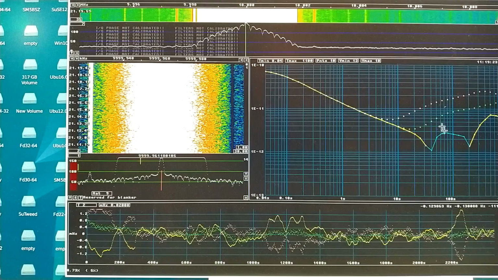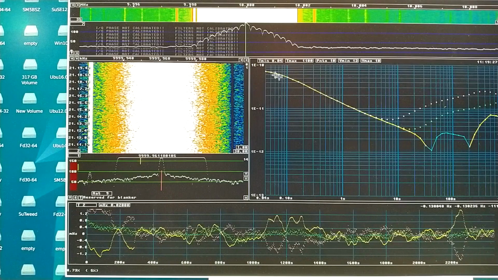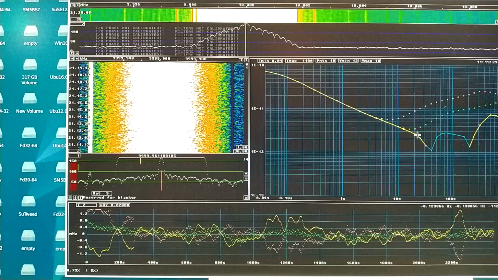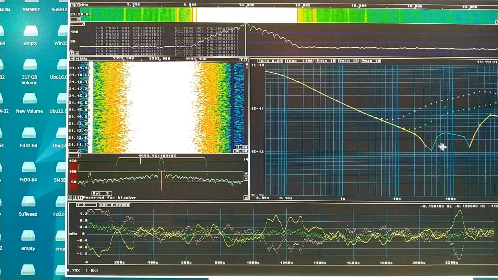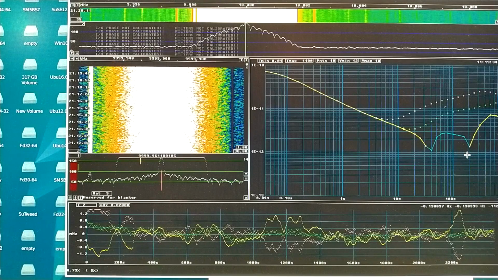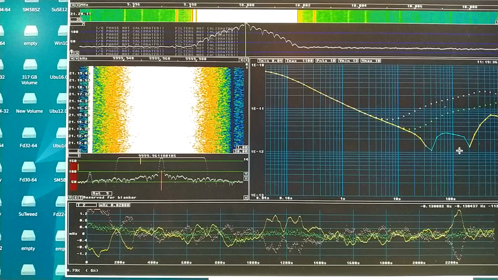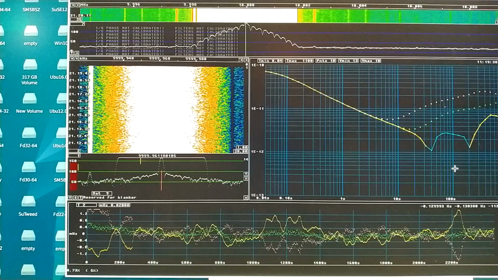But it would go up here, and the rubidium oscillator, the real performance is probably going downwards quite a bit. I don't know how long, because that's not what I can see with this setup.